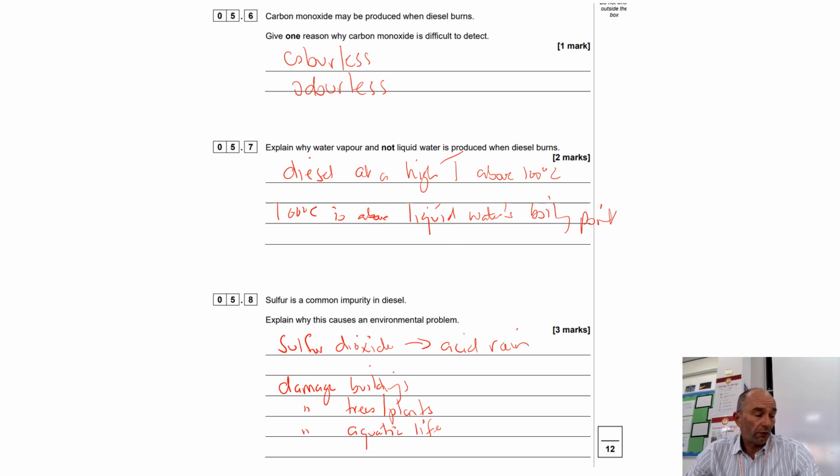The other thing that sulfur dioxide can do is it can also trigger asthma attacks as well. So that's another possible answer you could give. That's worth 3 marks for that particular part of the question, but in total that question is worth 12 marks. So well done if you got all 12.